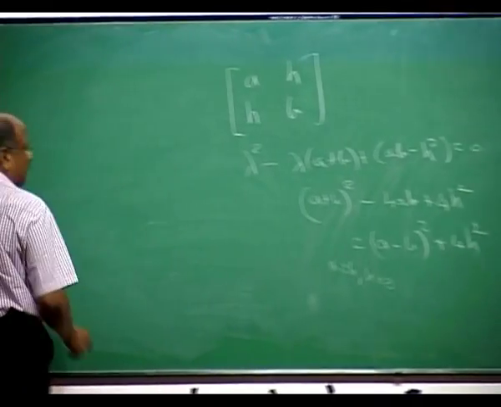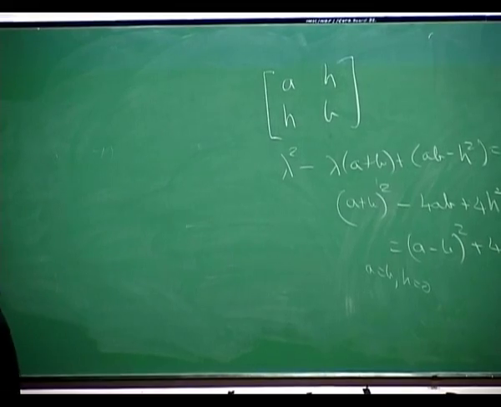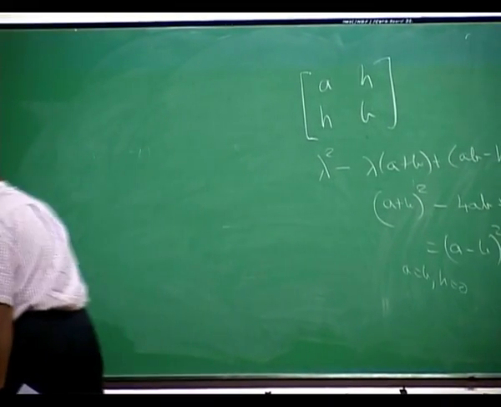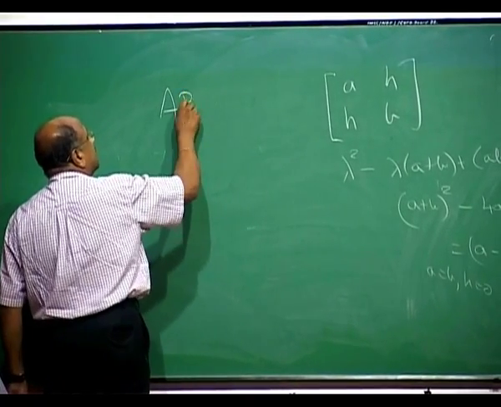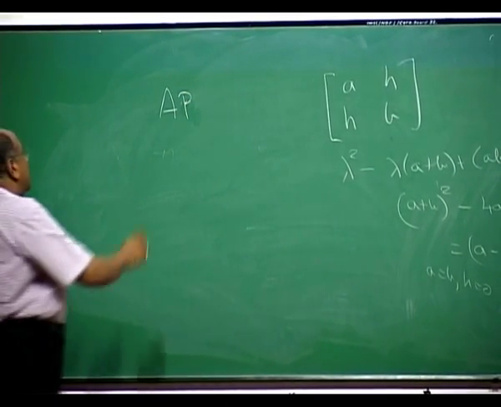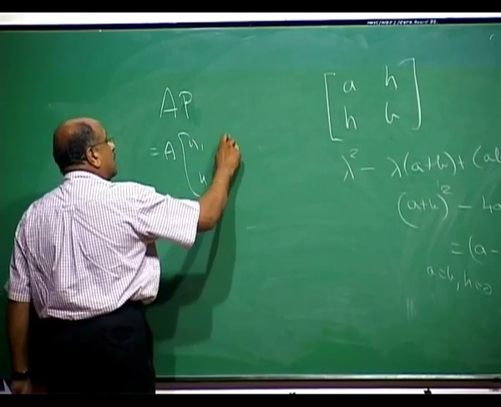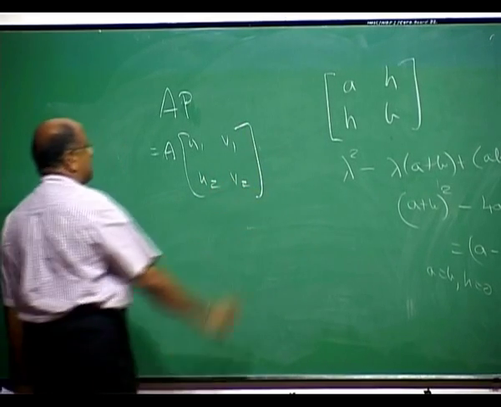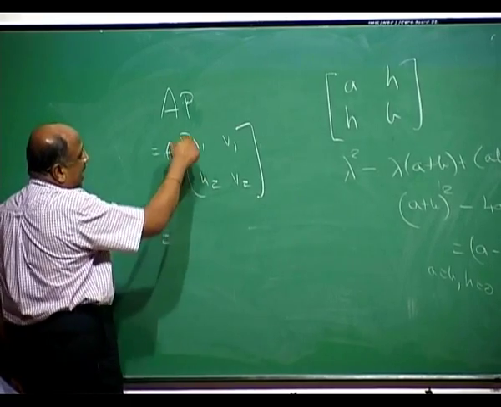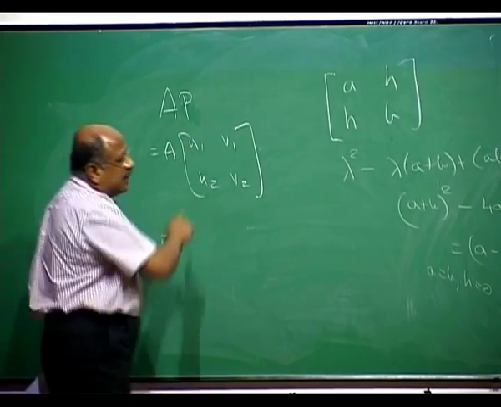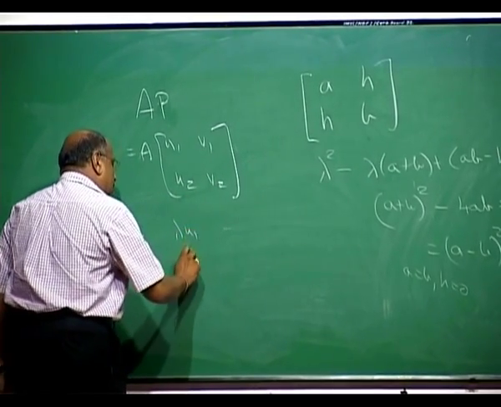Now if I take A times P, this is A times the matrix with columns (U1, U2) and (V1, V2). This is A acting on this column vector U1 U2, but AU is lambda U. So this becomes lambda U1, lambda U2.